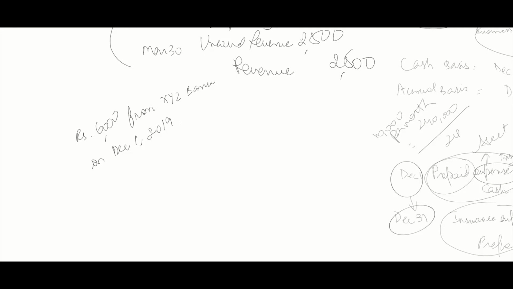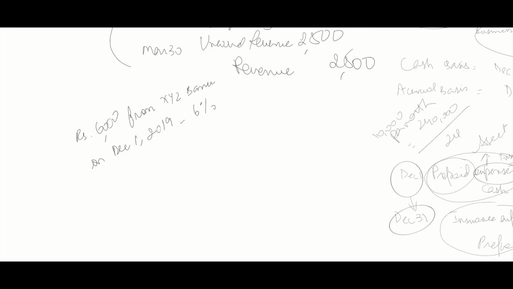Now, this loan bears an interest of 6%, and this 6% interest is to be paid after a year. So it means if we have borrowed on December 1, 2019, we have to pay on December 1st, 2020, after a complete year.